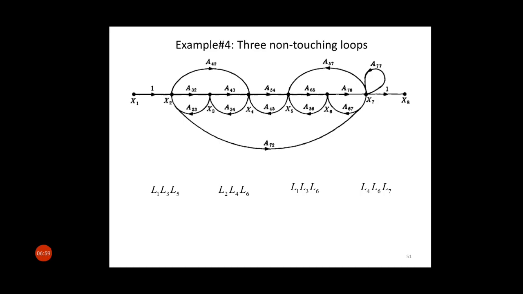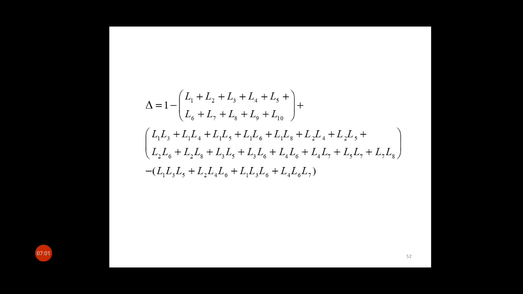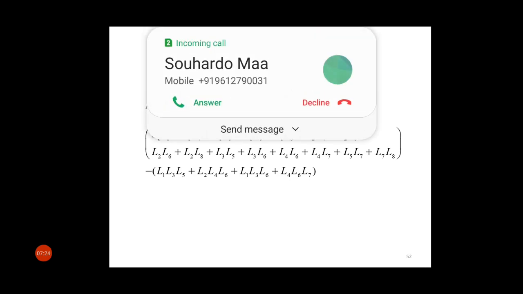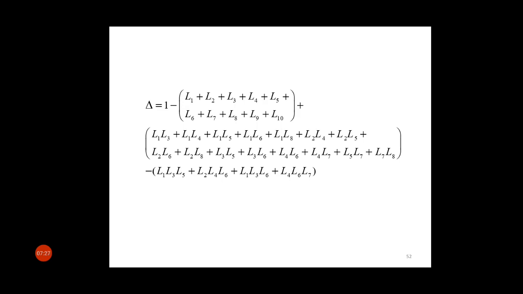Then how will we find del? Del is equivalent to 1 minus the sum of all individual loop gains. Here there are 10 loops, so this is the sum of the loop gains.